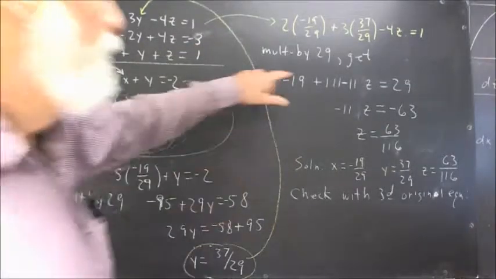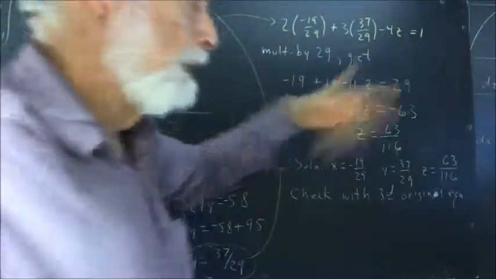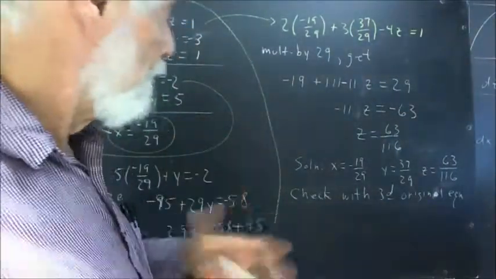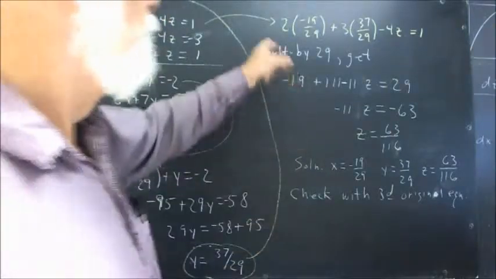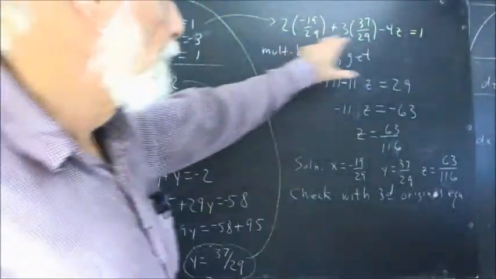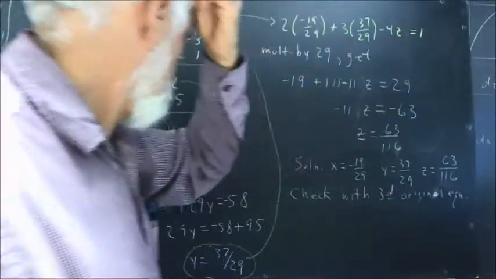Okay, you should have done this. You multiply by 29. Okay, in solving this equation, we have denominator 29. People haven't yet, as a whole, picked up on the advice I gave early in the semester. If you have an equation with denominators, multiply by a common denominator, you get rid of all the fractions. So you multiply by 29, we get this.